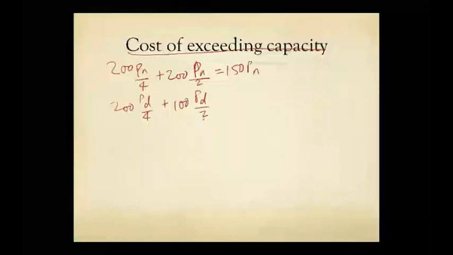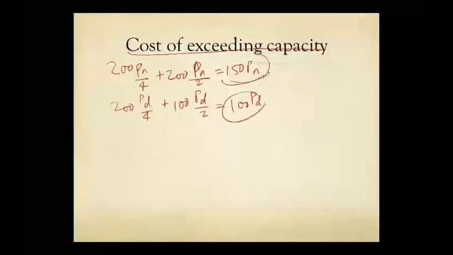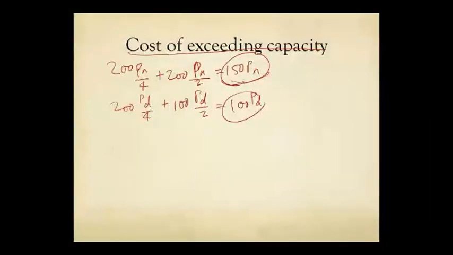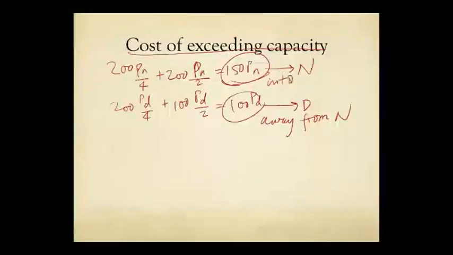I'm just rewriting the expressions we just found from that table 2 slides ago, which is 100 PD. So you add up these 2 terms. Well, I should say you subtract this term from this term, because this is the amount shifted into nighttime, and this is the amount shifted to daytime, that is away from nighttime. This is into nighttime.